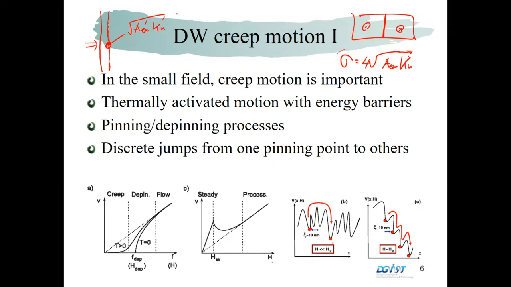It can be larger or smaller than in the rest of the domain wall. For example, if we have a large anisotropy at this focal point, then the domain wall feels some kind of energy barrier here.